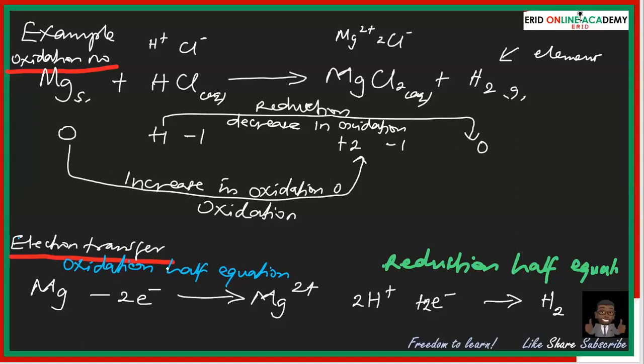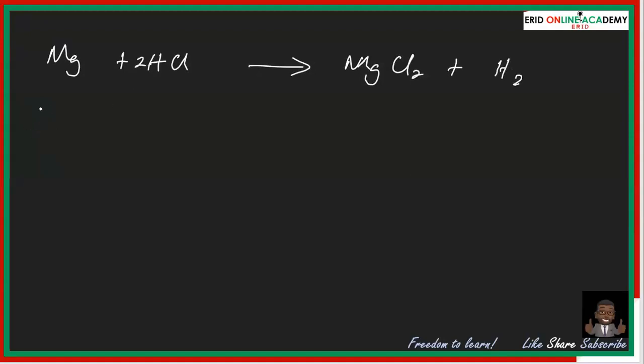No, sir. Okay, so the next thing is, can you identify the reducing agent and the oxidizing agent? To be able to identify that, I'll still use the same example. It is magnesium plus hydrochloric acid to form magnesium chloride plus hydrogen. We have looked at the first equation.